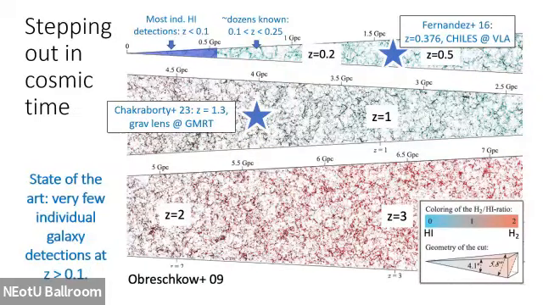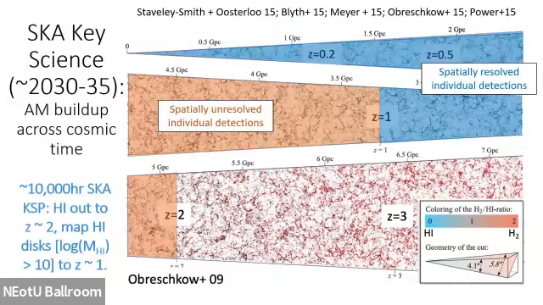So if we go back to this picture about stepping out in cosmic time, I mentioned that the current state of the art is that we know very little about H1 in individual galaxies today. I talked about the prospects through 2030, where we're going to start to map galaxies in the local universe, and we're going to detect them out to redshifts as high as 1. So that's through 2030. What will we do with the SKA from 2030 to 2035? Well, one of the things that it could do is a large survey. So let's swing for the fences.